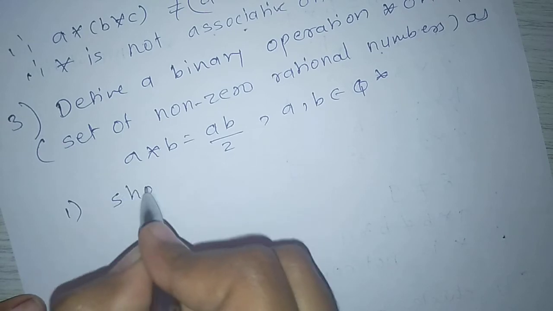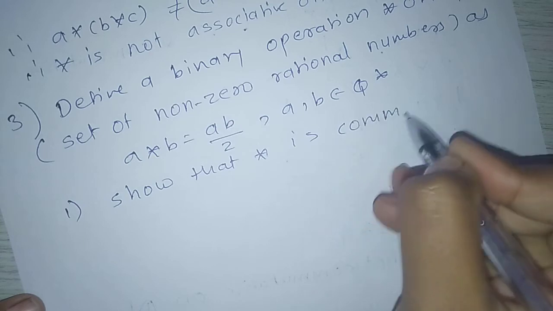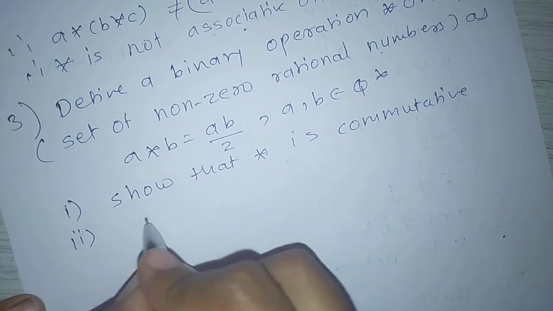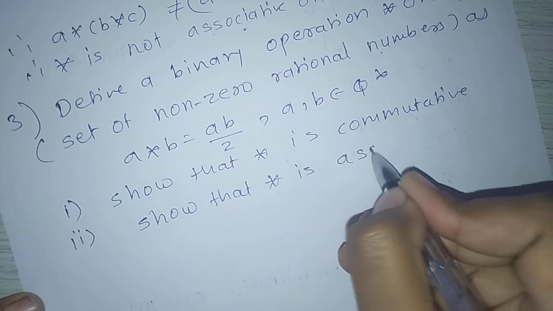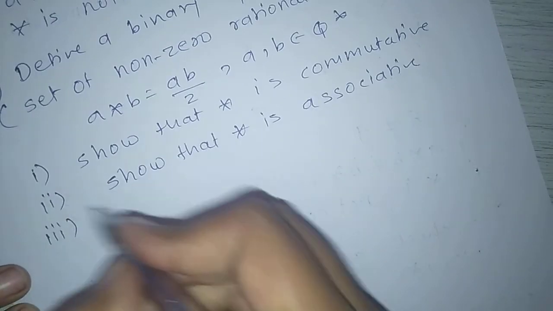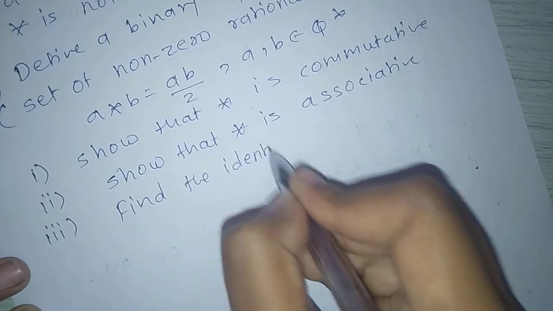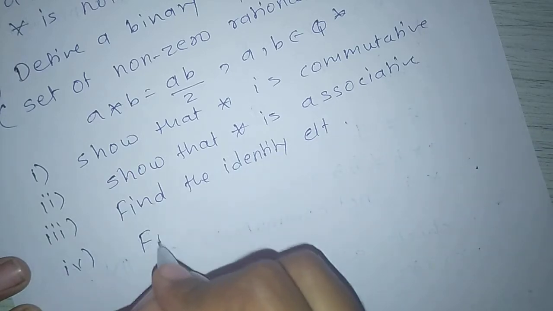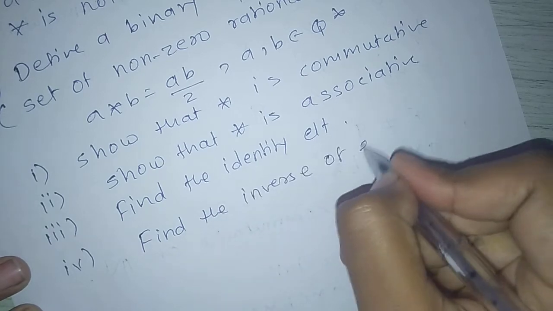First, show that star is commutative. Second, show that star is associative. Third, find the identity element. And fourth, find the inverse of each element.